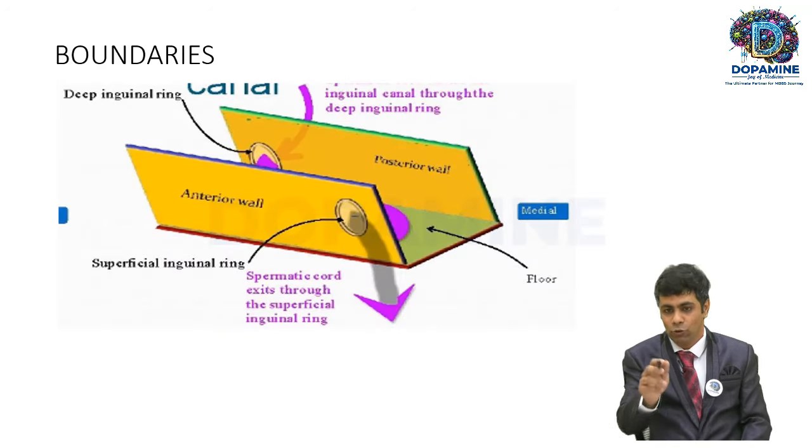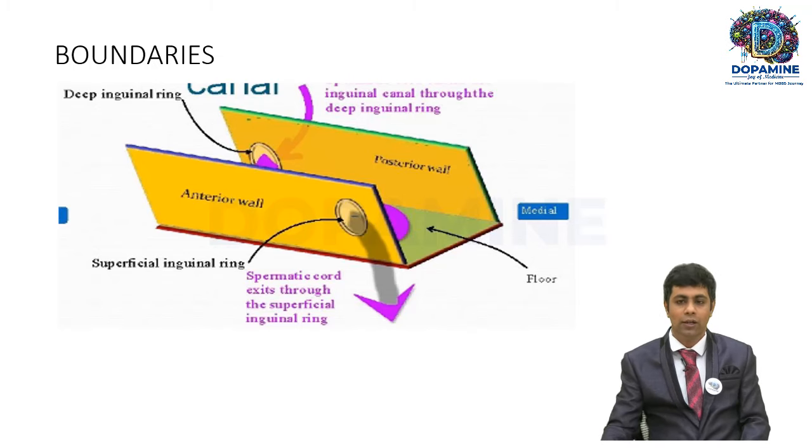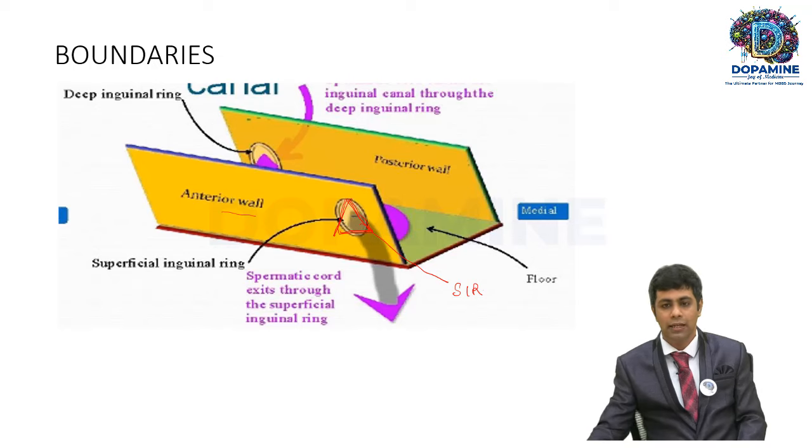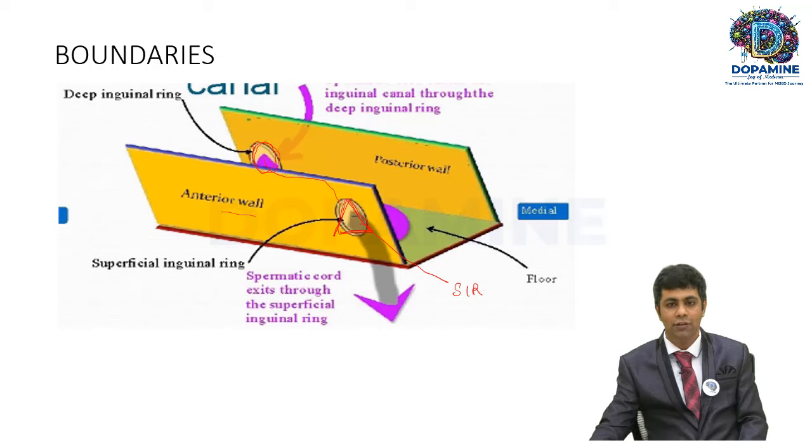Clear? So let us go through this picture here. Once again we have put in a 6-sided cuboid shape. So this is anterior wall. So let's say this is a triangular deficit. It's a triangular deficit. Okay. We have the external ring here, the superficial inguinal ring present there, and as you go deeper, we get the deep inguinal ring. It's an oval deficit formed in the fascia transversalis.